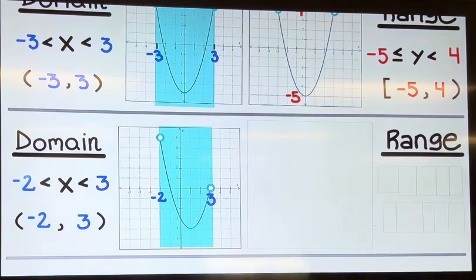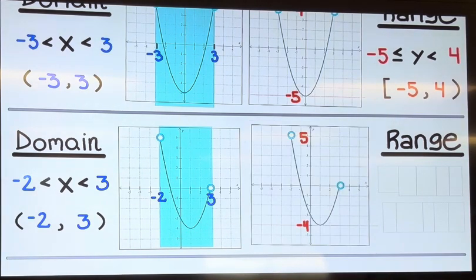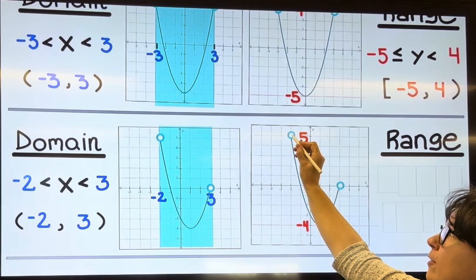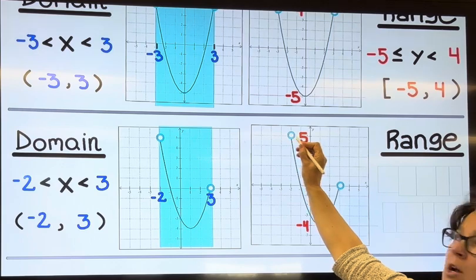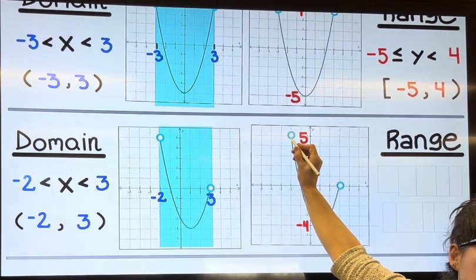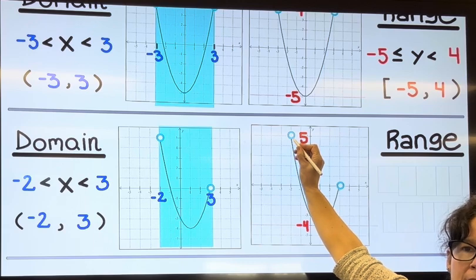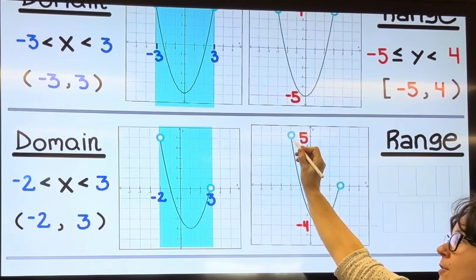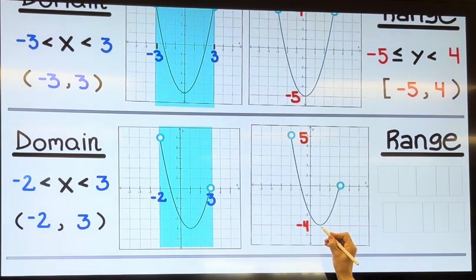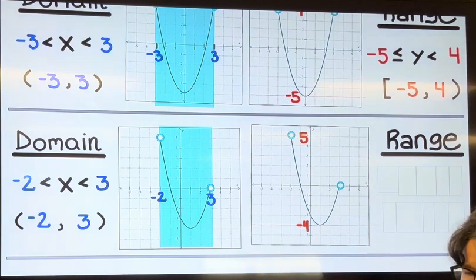Then looking at the same graph for range, how low can I go and how high can I go? The lowest point on the graph is here, which is at -4, and the highest point on the graph is up here, not quite at 5. It's an open dot, so we can get to a height of 4.99999, but I can't get to a height of 5. When I'm here, I am at a height of -4.